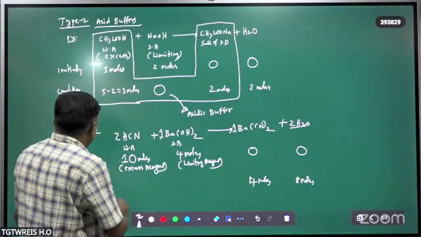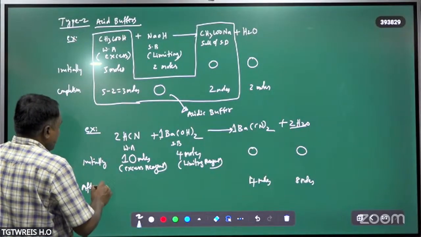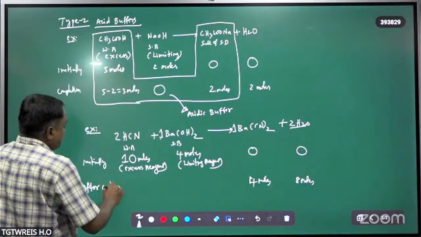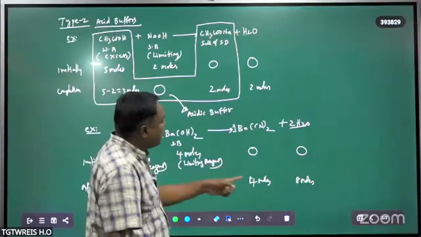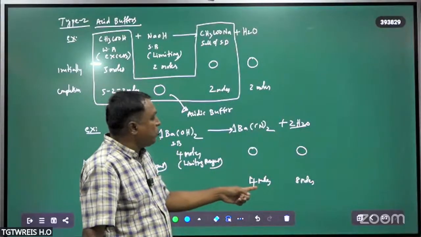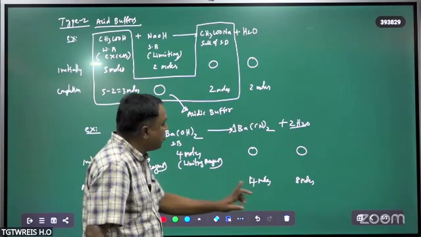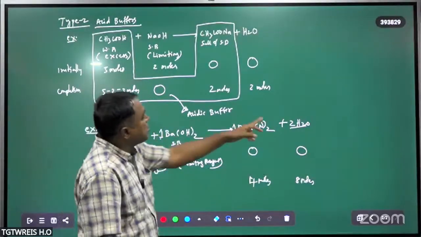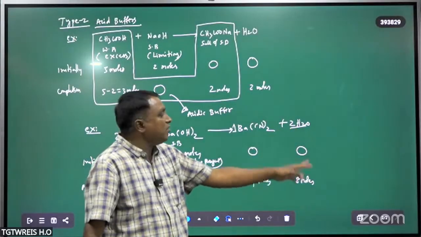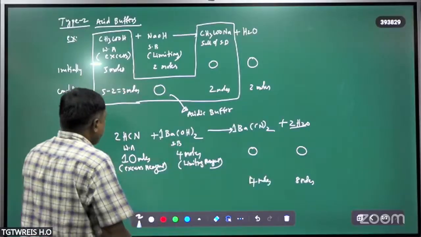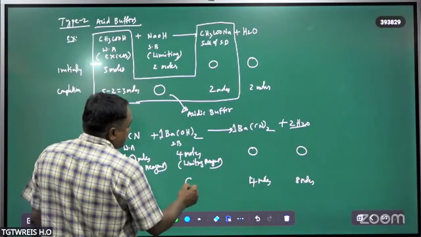After completion of the reaction, 4 moles of barium hydroxide form how many moles of barium cyanide? 4 moles of barium cyanide, because for 1 mole you will get 1 mole. For 1 mole of barium hydroxide you will get 2 moles of water, for 4 moles you will get 8 moles of water. Now, after completion of the reaction, this 4 moles is totally consumed.